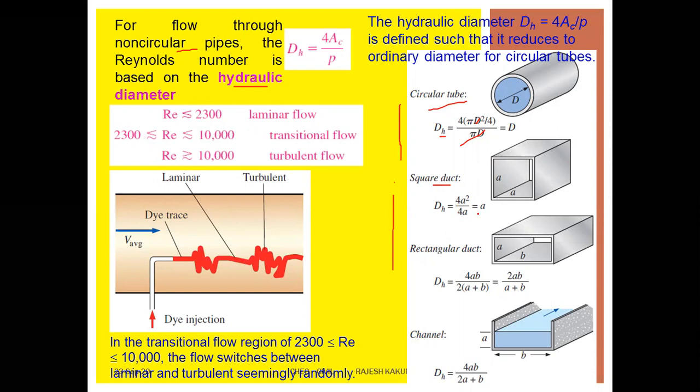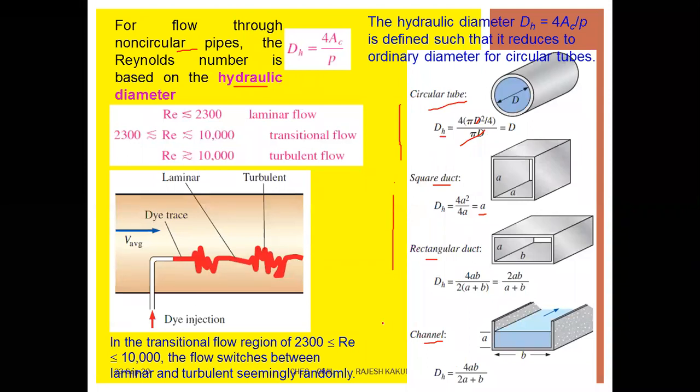On cancellation, we get a. For the rectangular duct, Dh is equal to 4ab by 2 times (a plus b), which gives 2ab by (a plus b). For the open channel, Dh is equal to 4ab by (2a plus b). So these are the various formulas for non-circular tubes using the hydraulic diameter.